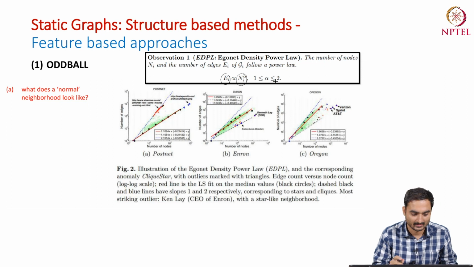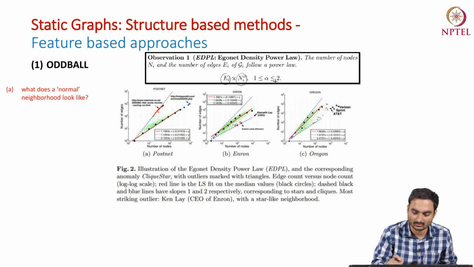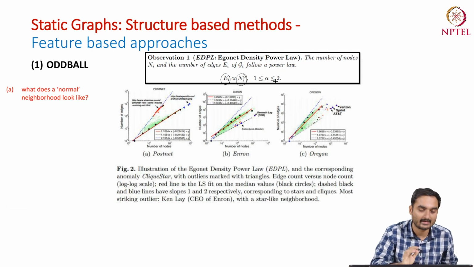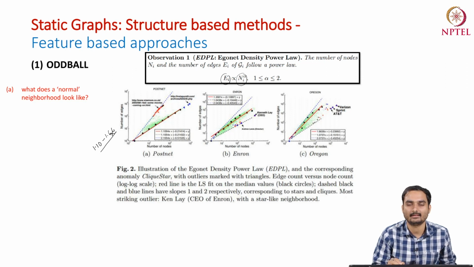In a normal case, although alpha varies between 1 and 2, the ideal range is 1.10 to 1.66. If you see any entity which does not belong to this range, it is suspicious.